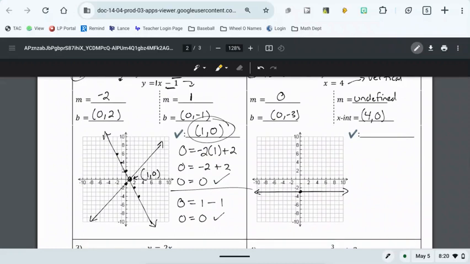So we go over to the right and up 0, over to the right 4, up 0. There's our coordinate. We're going to go ahead, graph it, and see that they intersect at that coordinate right there, at that point, which is going to be 4, comma, -3.